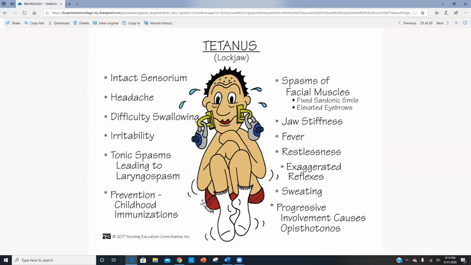That tetanus shot that we have to get every 10 years. If a patient has stepped on a rusty nail and it's been 9 years since their last tetanus shot, the doctor may say, okay, it's time to give you another shot. So we really want to make sure that we stay up on our tetanus vaccine.